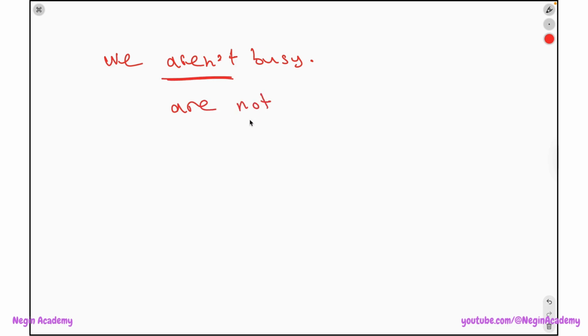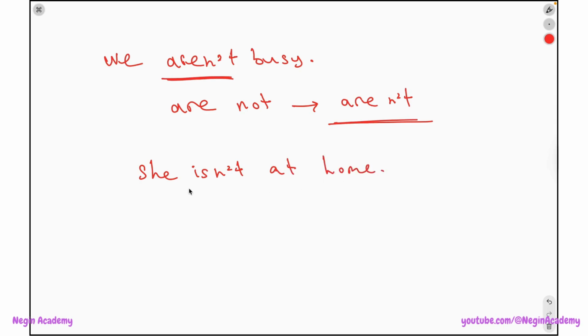But whenever we want to contract it, we have to say aren't. Aren't. And next one is, for instance, she isn't at home. The full form is she is not at home, but the contraction is isn't.